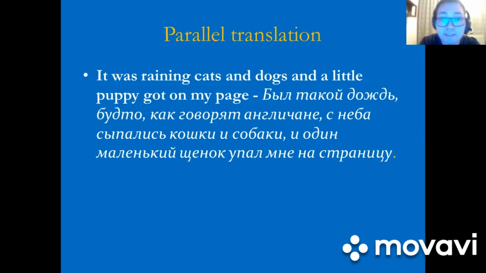It was raining cats and dogs, and a little puppy got on my page. So the Russian translation is: был такой дождь, будто, как говорят англичане, с неба сыпались кошки и собаки, и один маленький щенок упал мне на страницу.